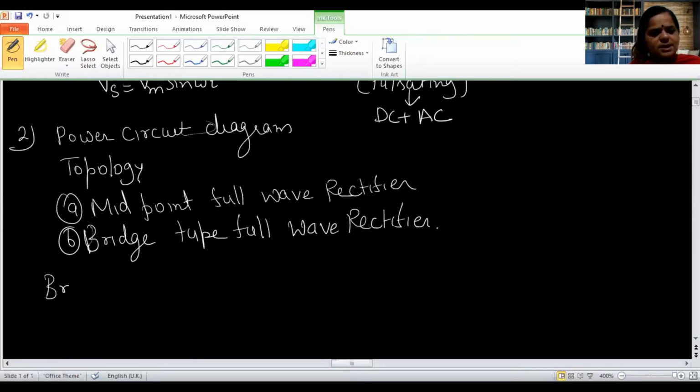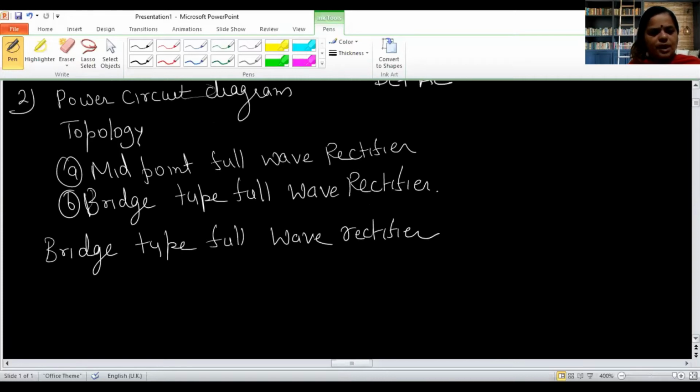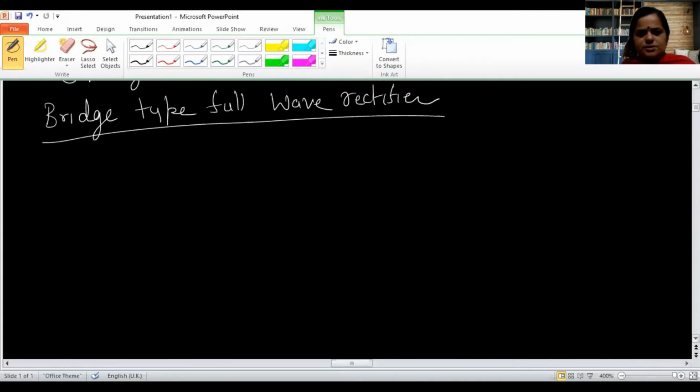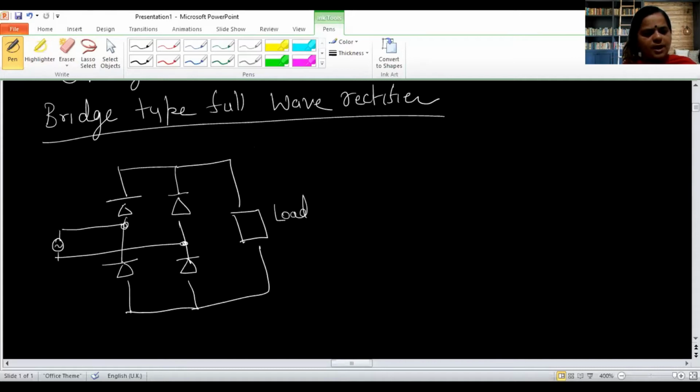So let us discuss the power circuit diagram of a bridge type full wave rectifier. So I'm making the diagram. It is made up of 4 diodes which are connected in 2 legs. 2 diodes make 1 leg, and here we will give an AC supply.